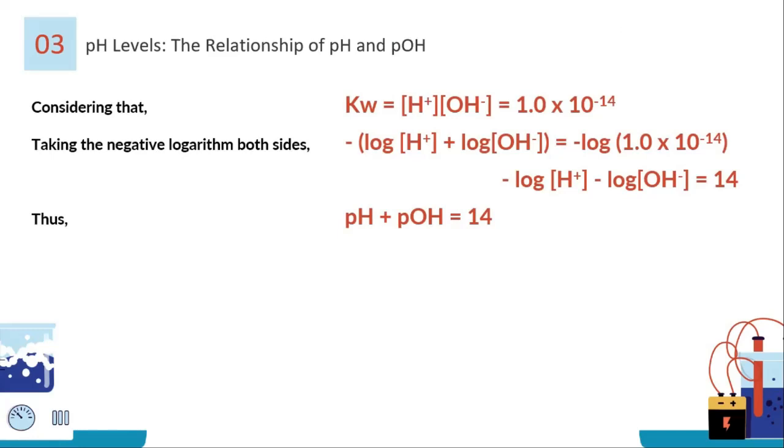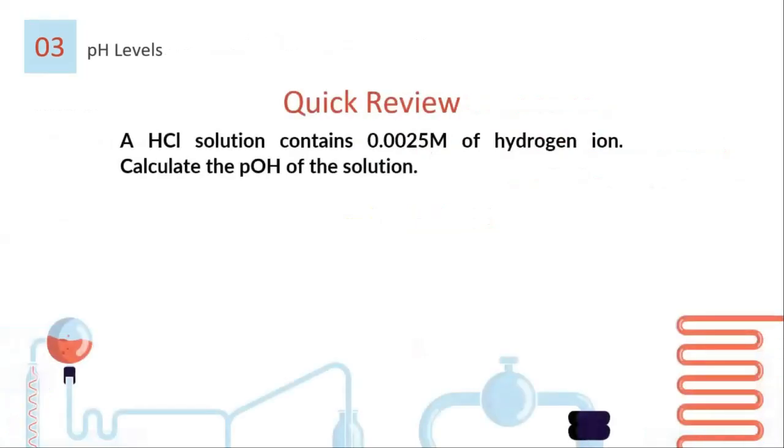From the definitions of pH and pOH, we obtain pH plus pOH is equal to 14. This equation provides us with another way to express the relationship between the hydrogen ion concentration and the hydroxide ion concentration. Let us have a quick review on the pH levels.